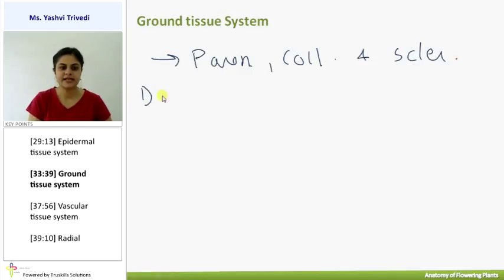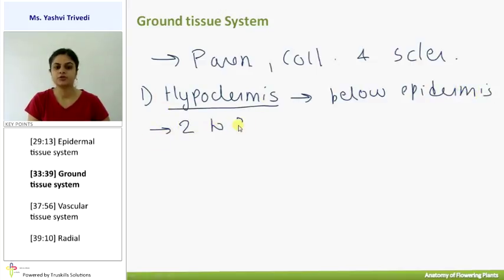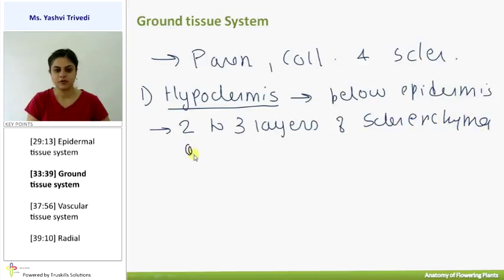The first layer is hypodermis. Hypodermis is a layer below epidermis. It is made up of, I can say, 2 to 3 layers of sclerenchyma or collenchyma cells.